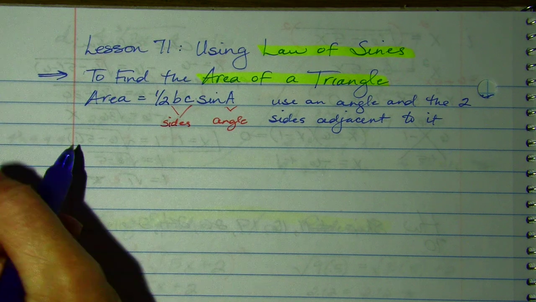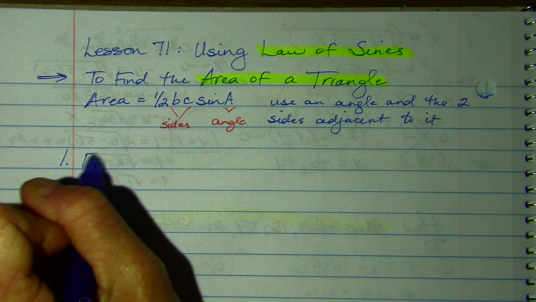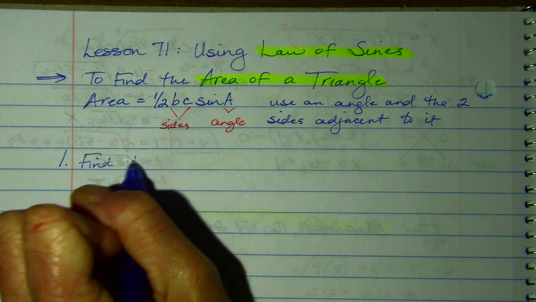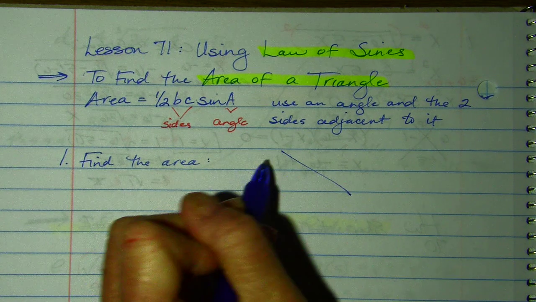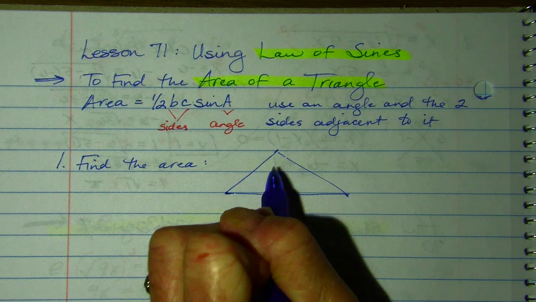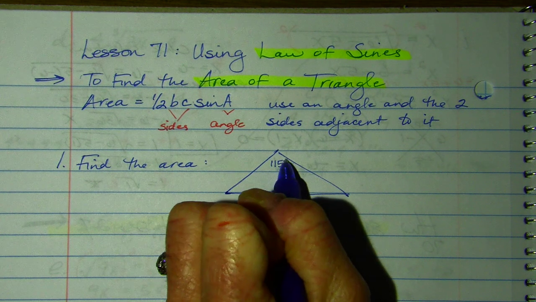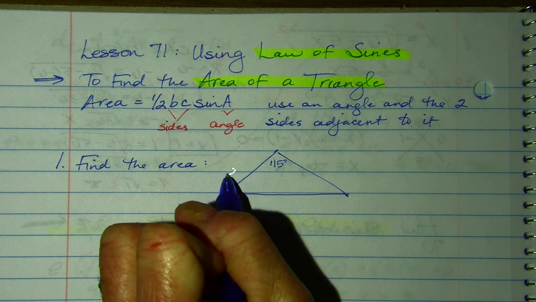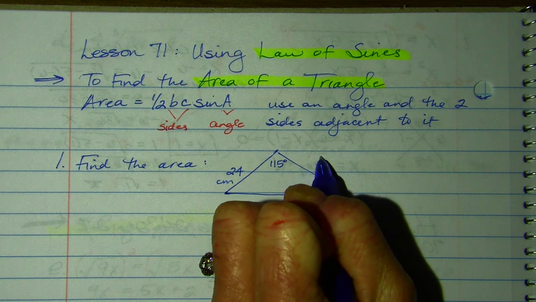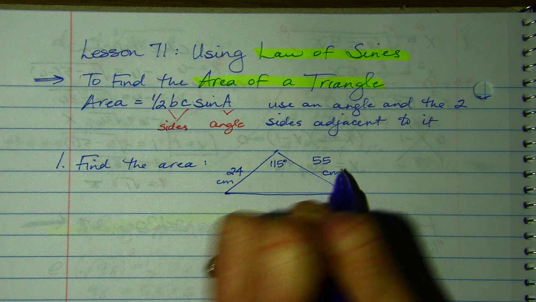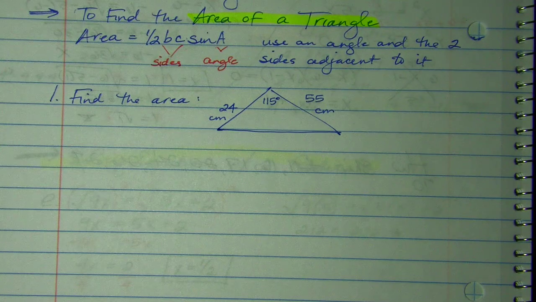So, as an example, we're going to find the area for the following triangle. I'm going to draw this triangle. This is 115 degrees, and the two adjacent sides are 24 centimeters and 55 centimeters. All right, so here we go.